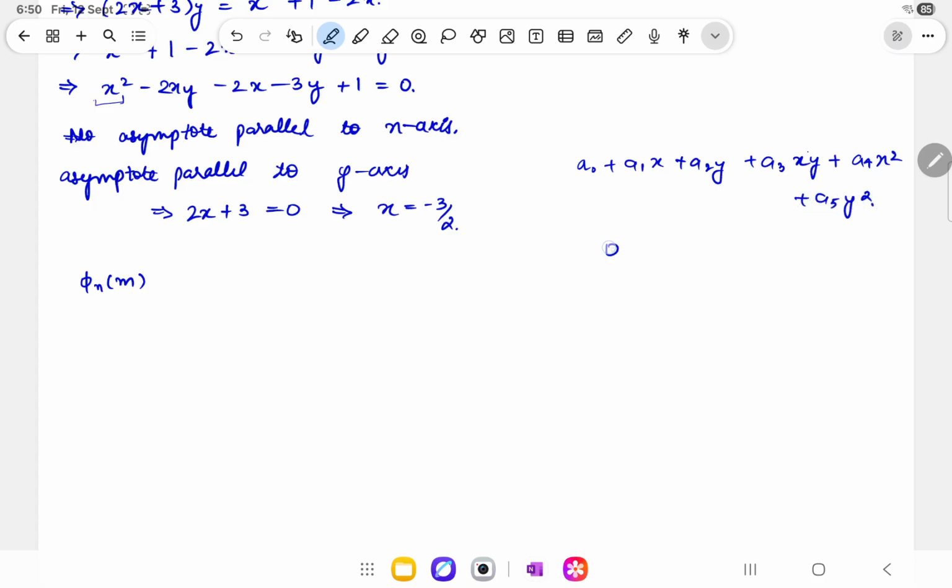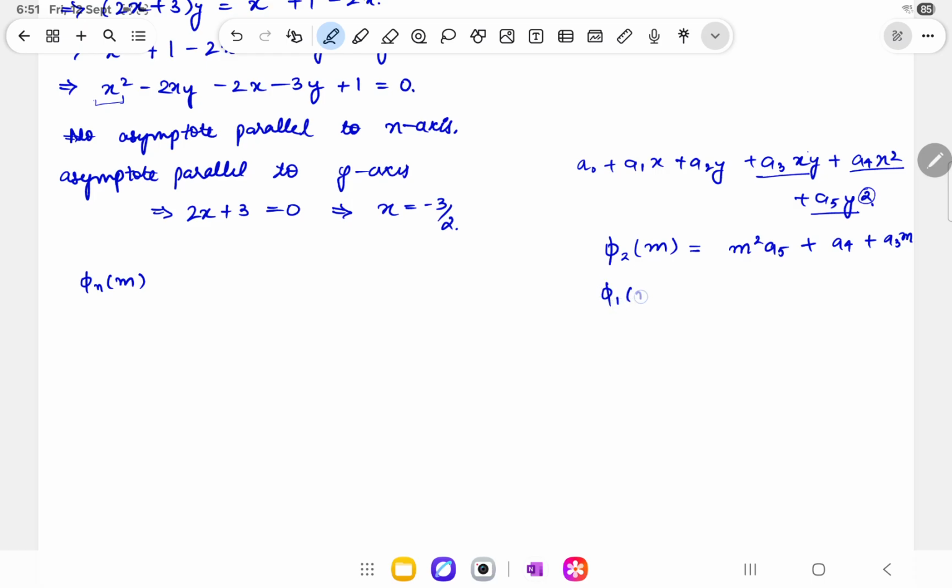So we basically calculate phi 2 of m, and phi 2 of m is made of those terms which have combined power as 2, like this term and this term and this term. So I'll be putting y equals m and x equals 1. So what I'll get is m square a5 plus a4 plus a3m. So that's how I calculate phi 2 of m.